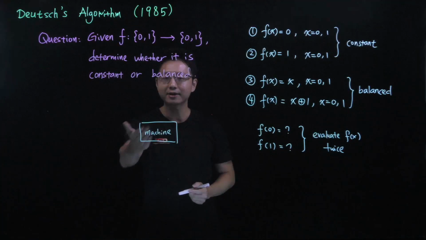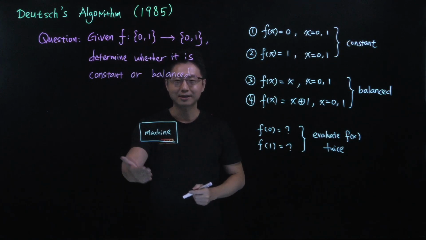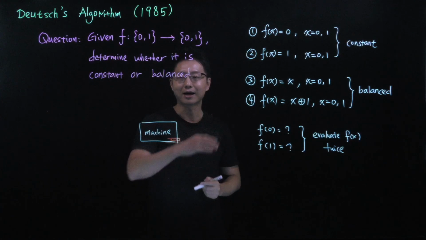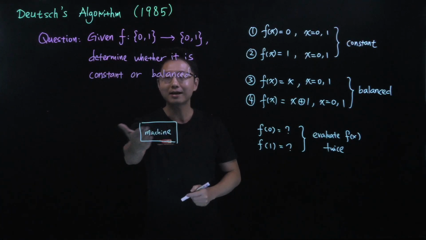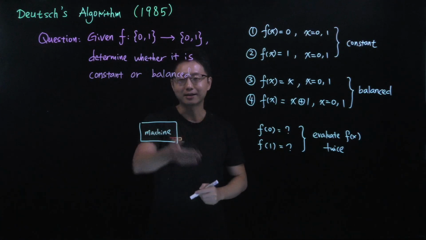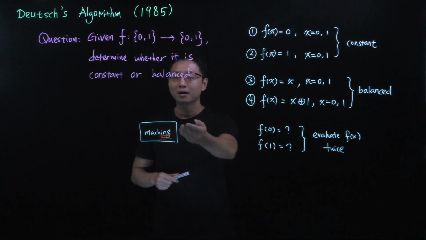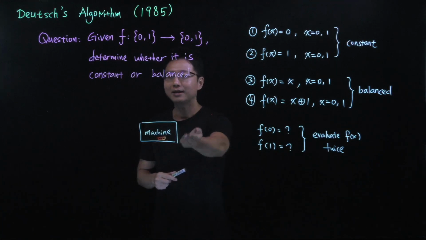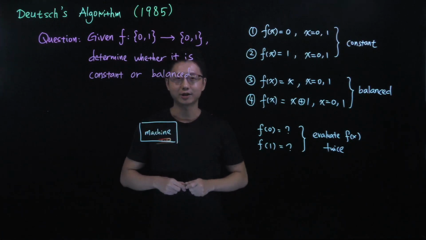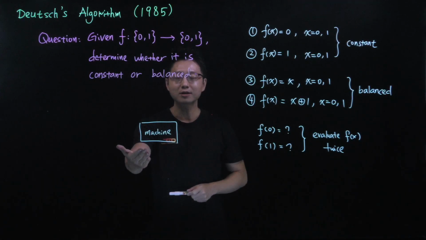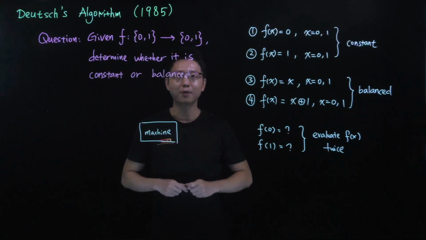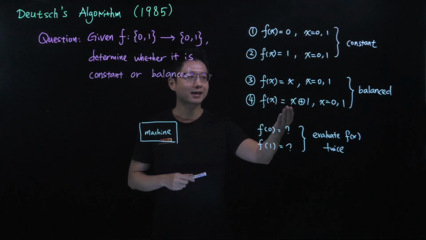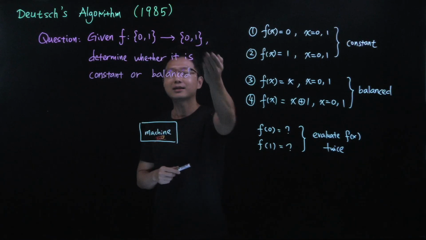Classically, we have to query this machine twice. That is to say, you put in 0 and the machine gives you an output, and you put in 1 and the machine gives you another output, and you compare these 2 values. However, we will see that if this machine is a quantum machine, it is actually possible that we only query this machine once and we will find the answer to this question in a deterministic way.